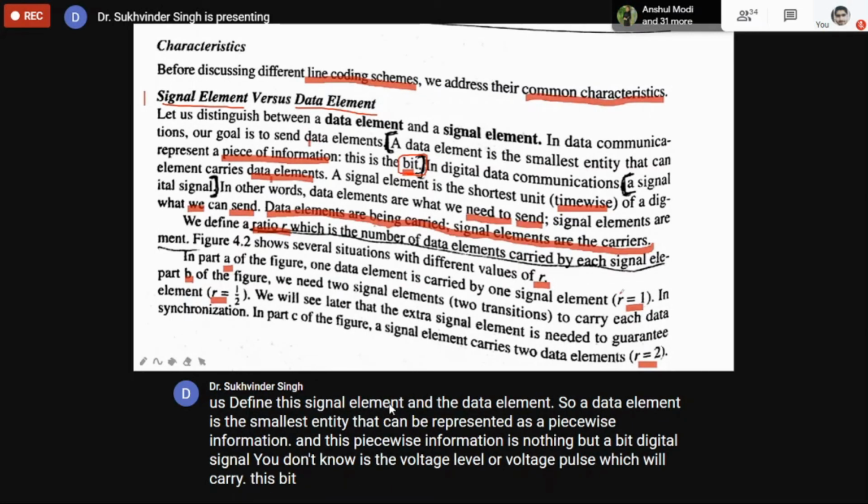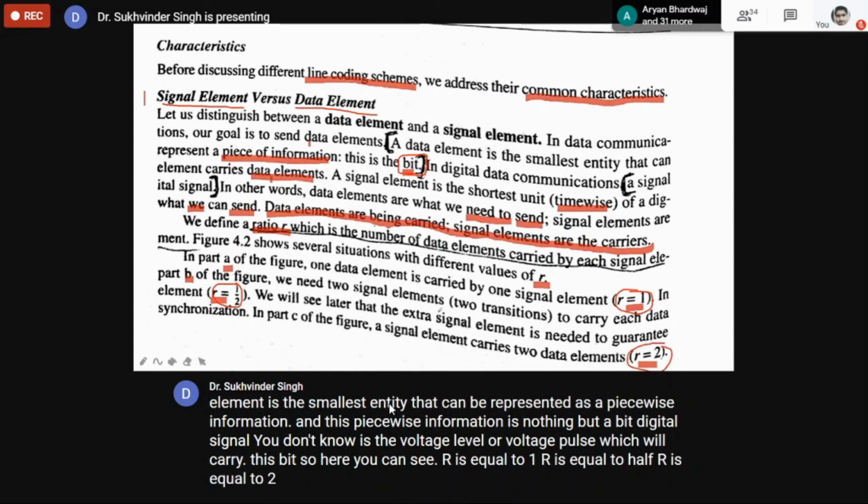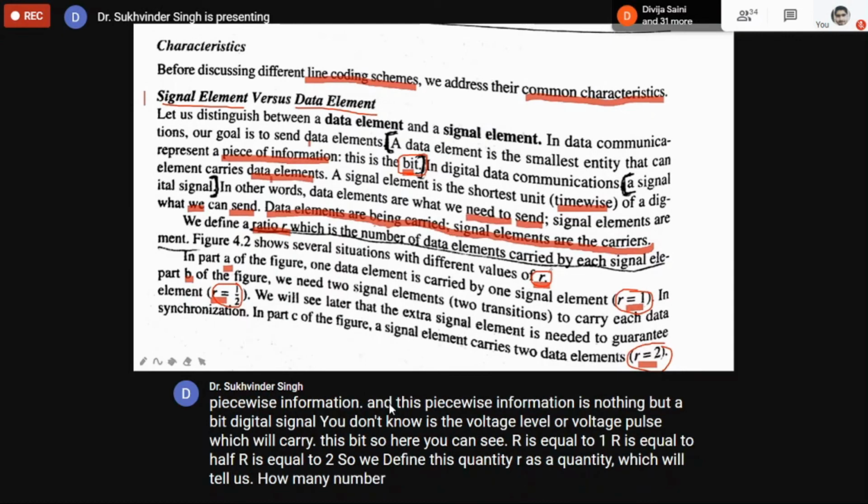So here you can see R is equal to 1, R is equal to half, R is equal to 2. We define this quantity R as a quantity which will tell us how many bits are being carried by a single voltage level.